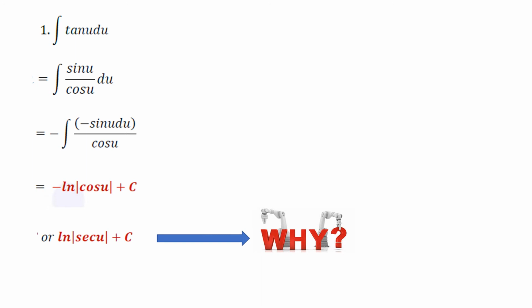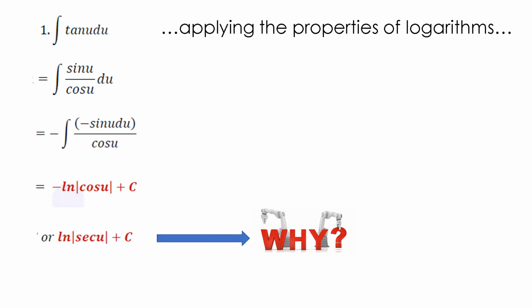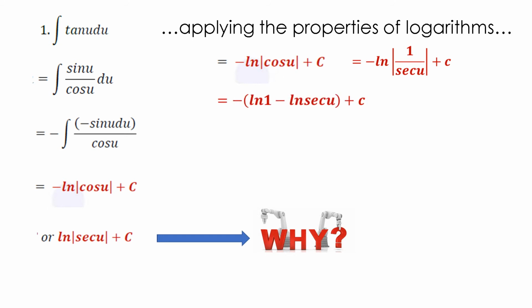Why? If we apply the properties of logarithms with trigonometric identities, we could write negative ln of cosine u plus c as the negative ln of 1 all over secant u plus c. Applying the properties of logarithms further, we can write this as the negative of the quantity ln 1 minus ln of secant u, plus c.